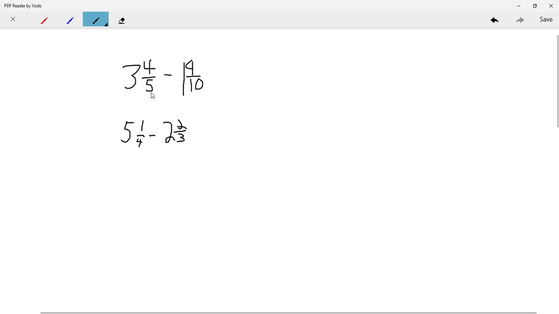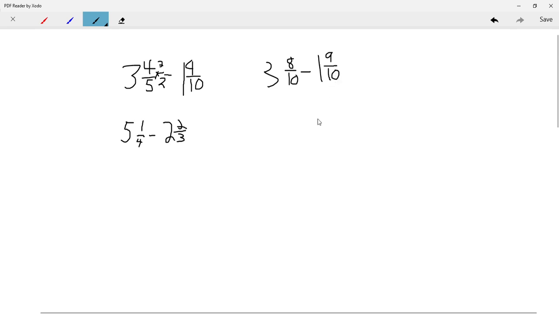So I know that 5 times 2 equals 10. So I don't even have to change the 9/10. All I have to do is multiply 4/5 by 2 over 2, and that would give me 3 and 8/10 minus 1 and 9/10.